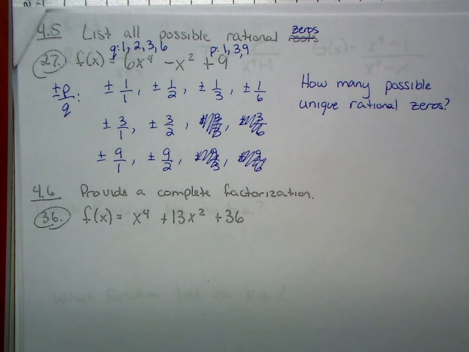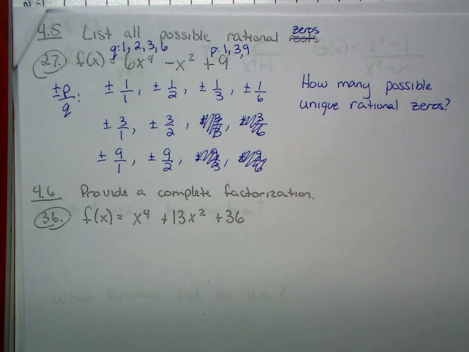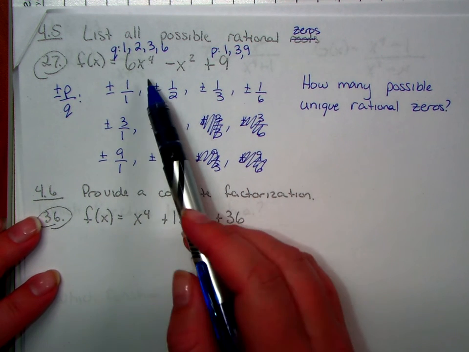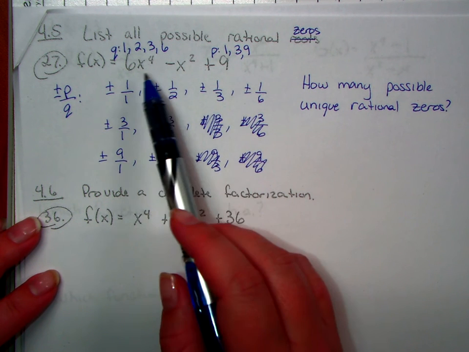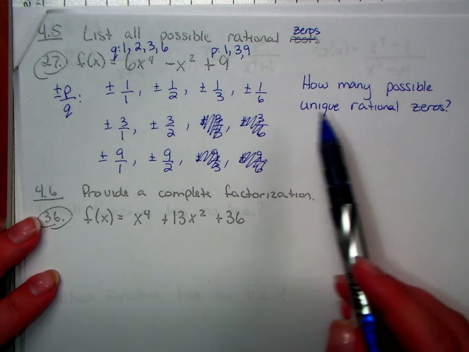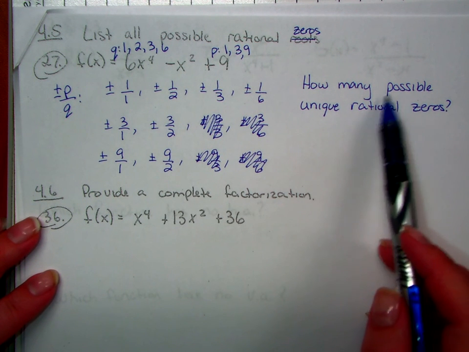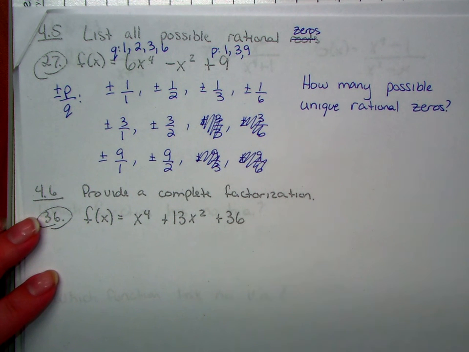Right. So it's not how many zeros does this function have, because it has the word possible, all right? So even though this is a 4th degree, we know this function has 4 zeros. The answer is not going to be 4 here. How many are possible? Okay? How many rational numbers are possible zeros?